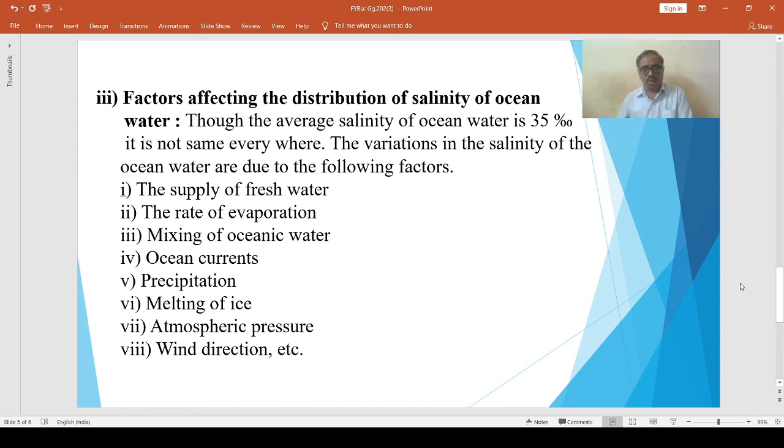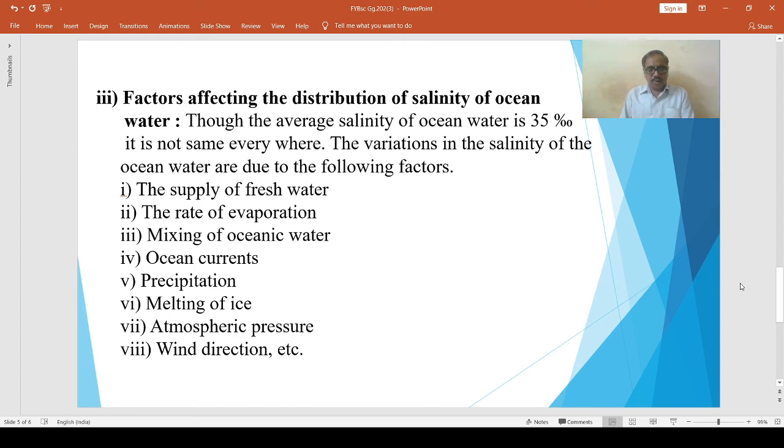Atmospheric pressure also affects the salinity of ocean water, that is, an anticyclone with high temperature and stable air increases the salinity of the surface water of oceans. The wind directions also affect the salinity of ocean water.